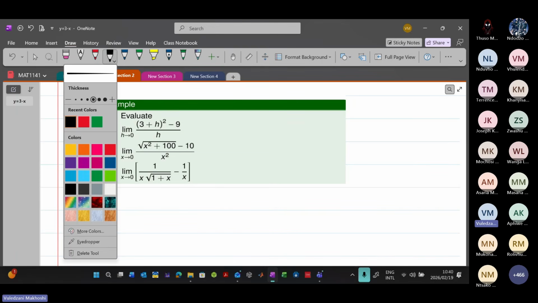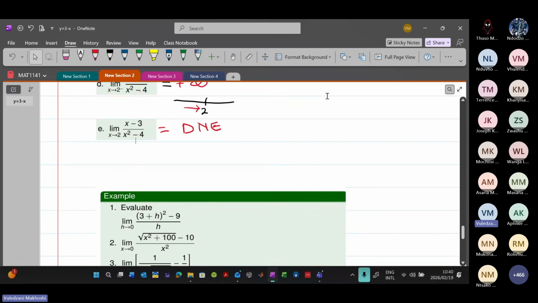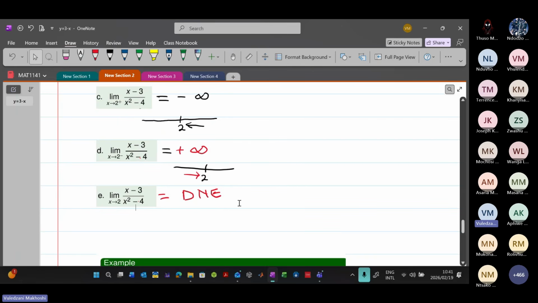But if you look at the last example that we did, number E, when you try direct substitution, if you put 2 here, you get -1, and down here you have a 0. So we don't have 0 over 0.